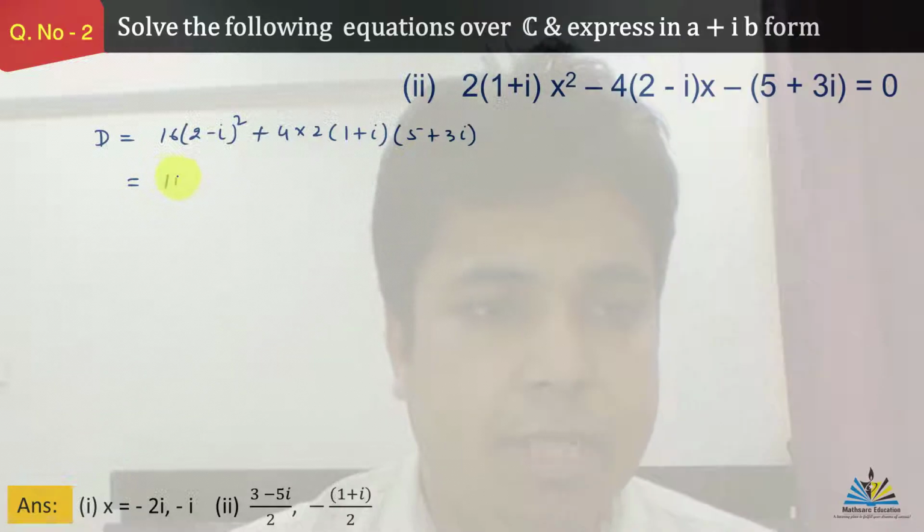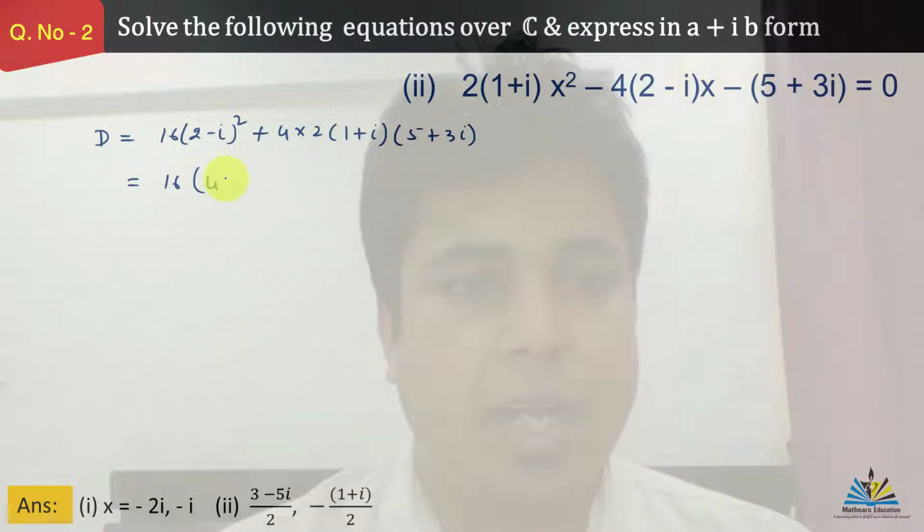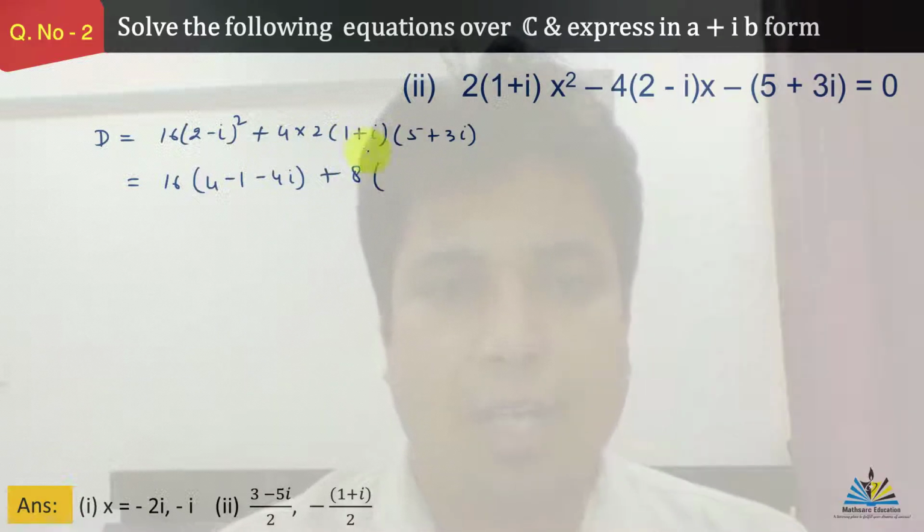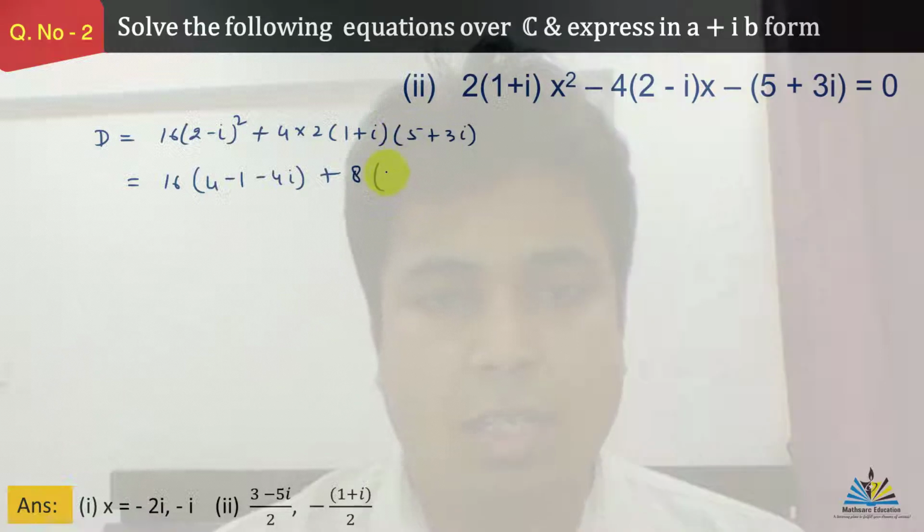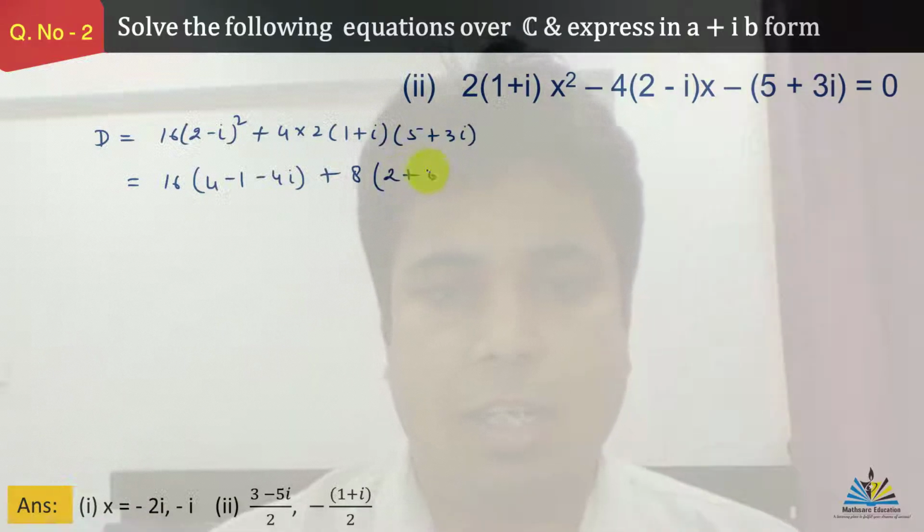So this is 16 times 4 minus 1 minus 4i, plus 8 times 5 minus 3, that is 2, and 5i plus 3i, that is 8i.